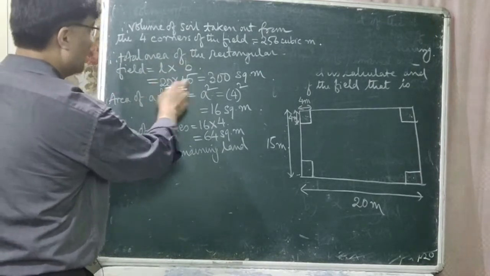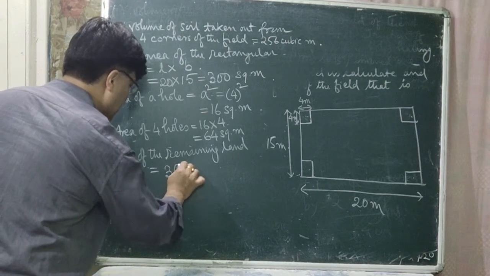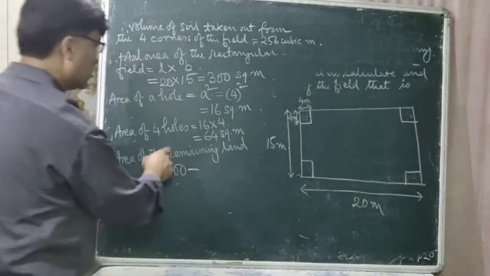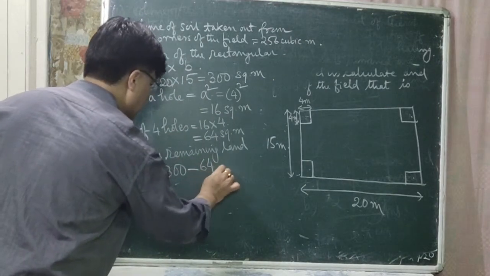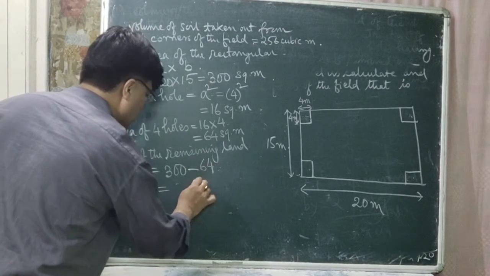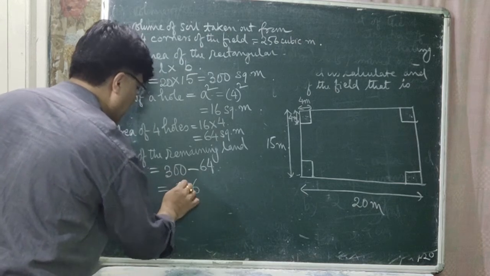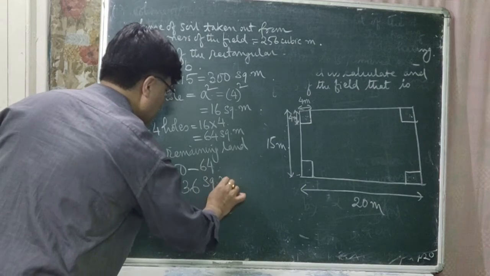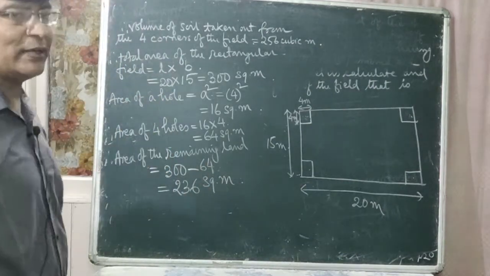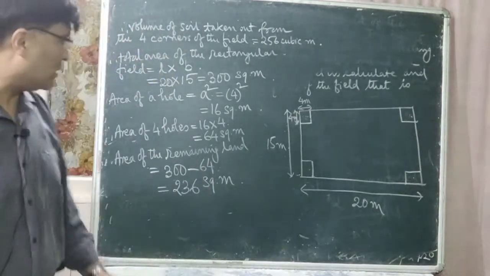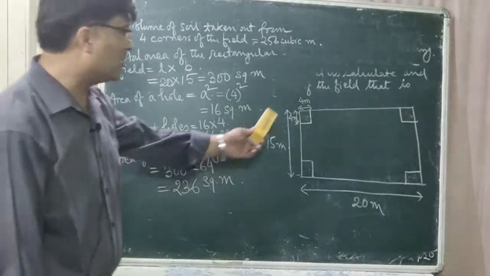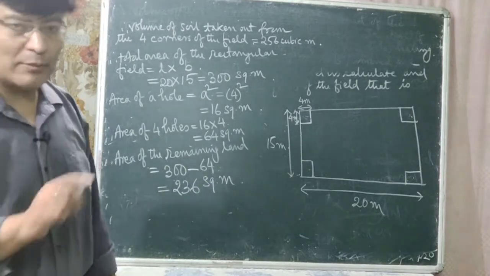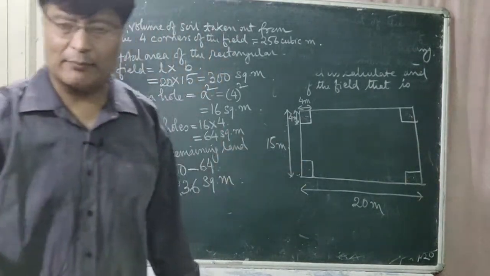Total area of the rectangular field is equal to 300 minus कति गर्नुपर्छ, what is the area of these 4 holes, it is 64, you have to subtract it, which is equal to 10 minus 4 is 6, 9 minus 6 is 3 and this is 2, that is 236 square meter. So this is area, the unit is square meter. Okay, so what is the area of the remaining land now excluding these 4 holes, it is 236 square meter.